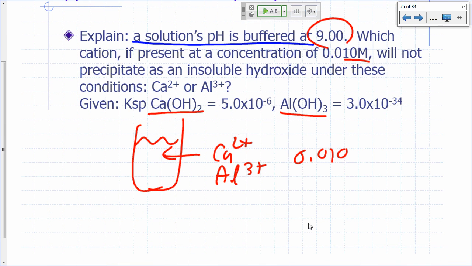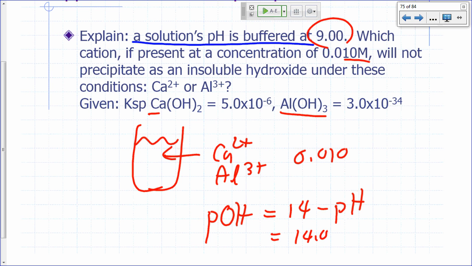Well, what's the concentration of hydroxide at pH 9? Let's do hydroxide since we're doing the hydroxides. Okay. So what's pOH at pH of 9? If I know my pH, what's my pOH? 14 minus pH, right?